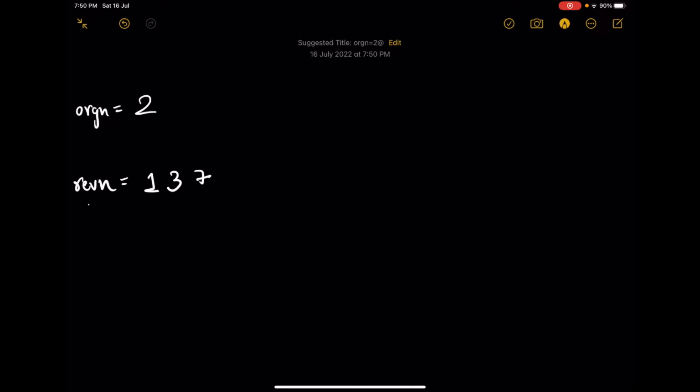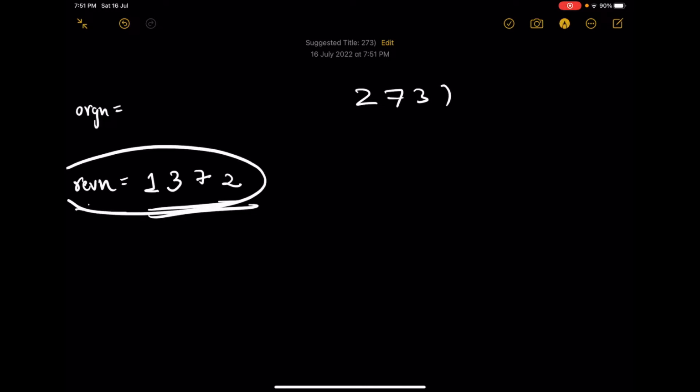And finally, I come to 2 and I want to add this 2 to the end of this new number and then forget about it. So now the reversed number that I'm getting is 1372, and the original number that I started off with was 2731. You can clearly see that the number I get after doing this process is in fact the reverse of the original number, 2731.